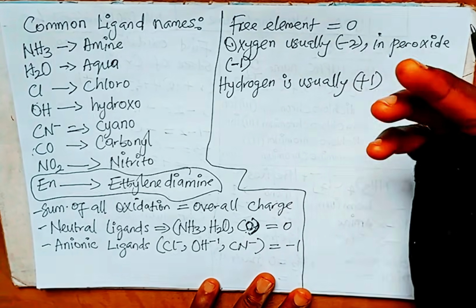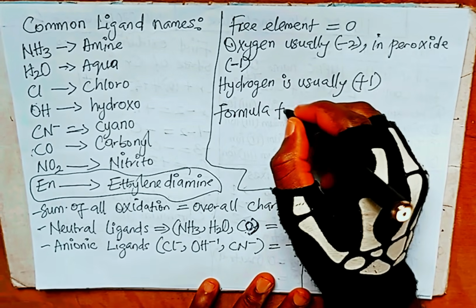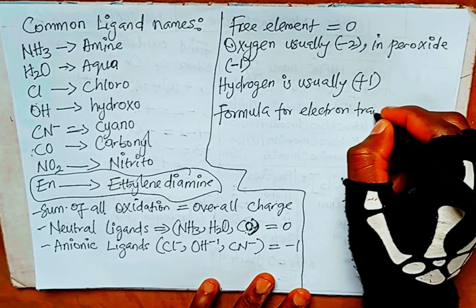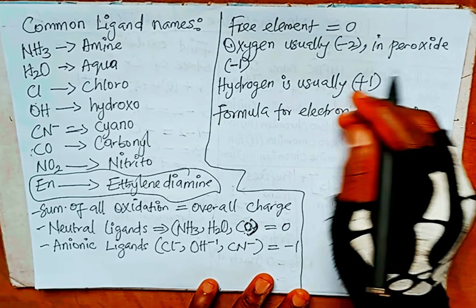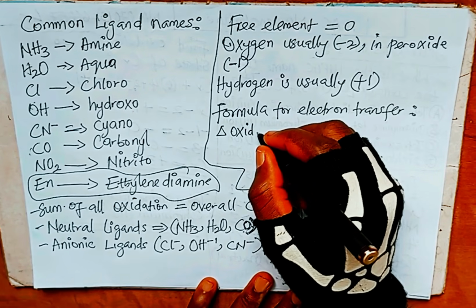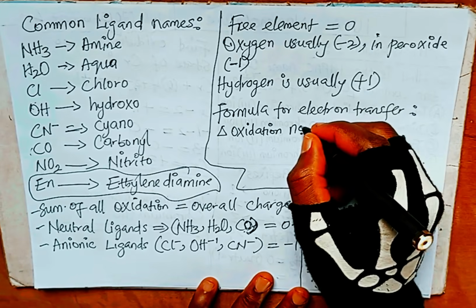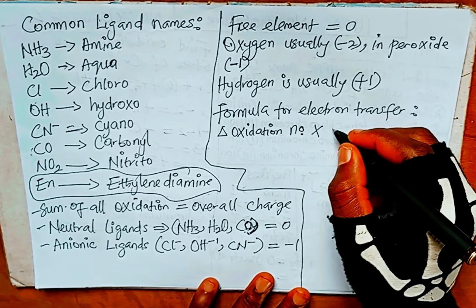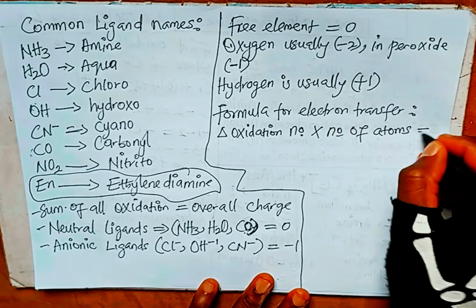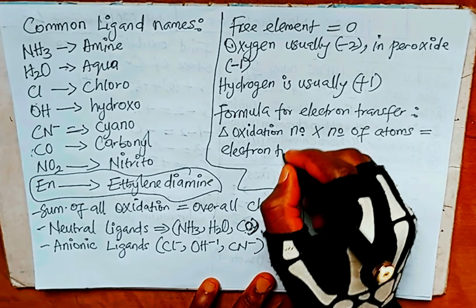Which other one again? The formula for electron transfer. The formula for electron transfer is what? Change in oxidation number times number of atoms gives you the electron transferred.